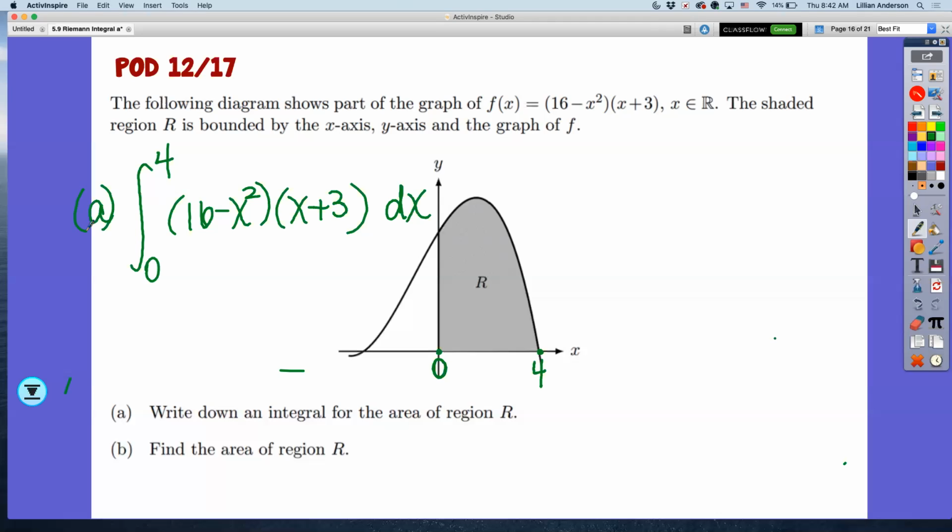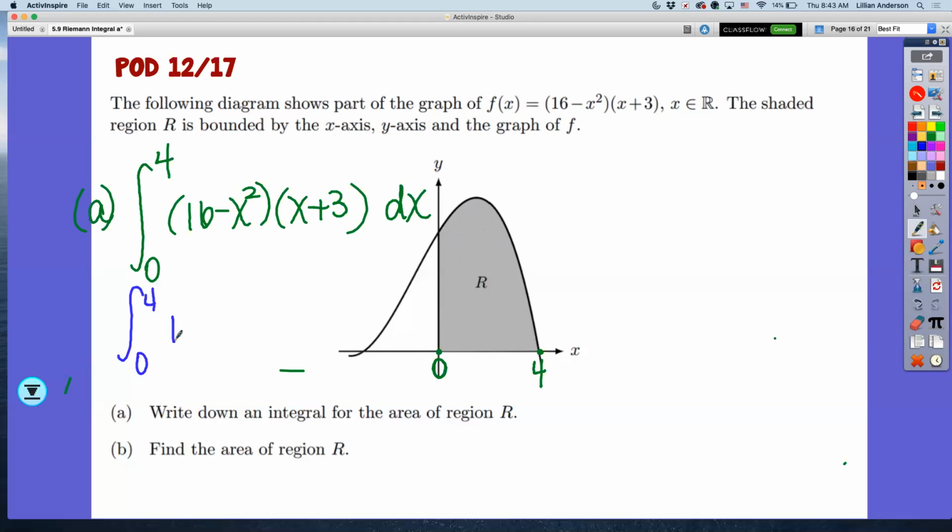Okay. So for part B, this is where you actually find the area of the region. In other words, you actually evaluate the integral, okay? Now to do this, what do you think I should do to the function? Simplify, so FOIL. Let's FOIL it out, okay?